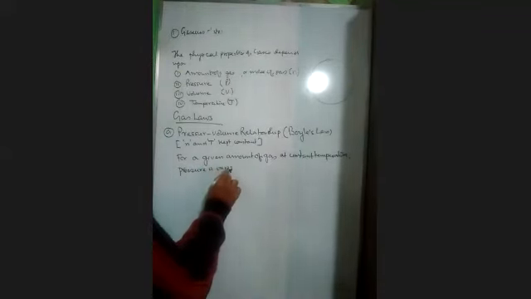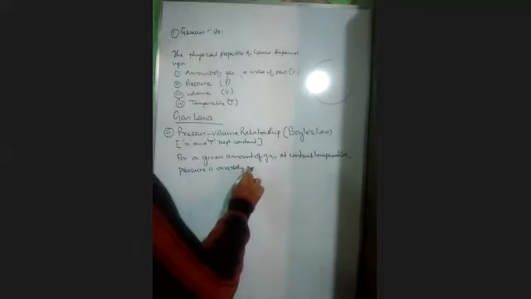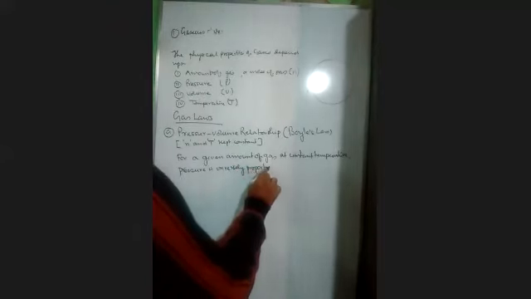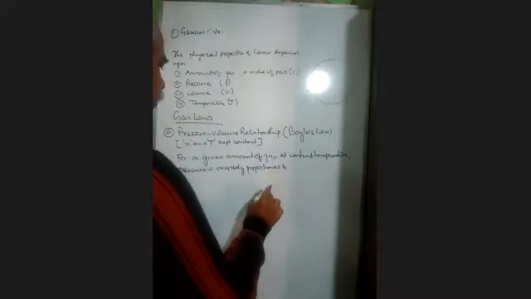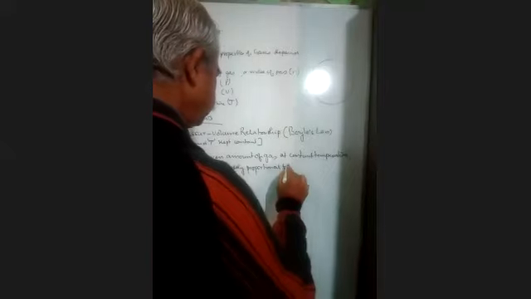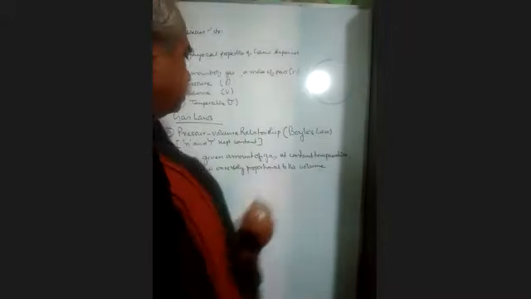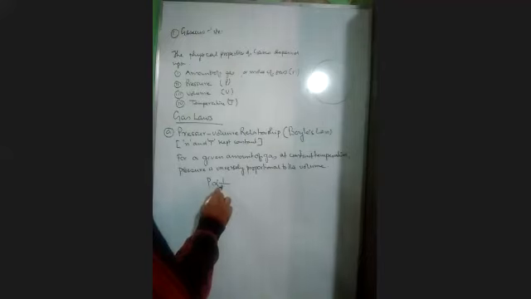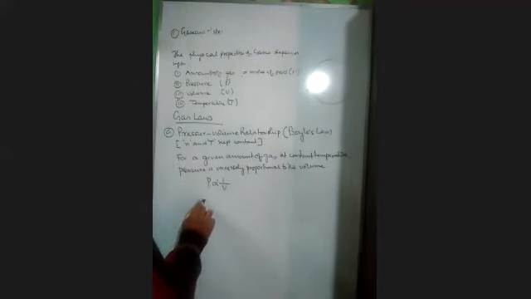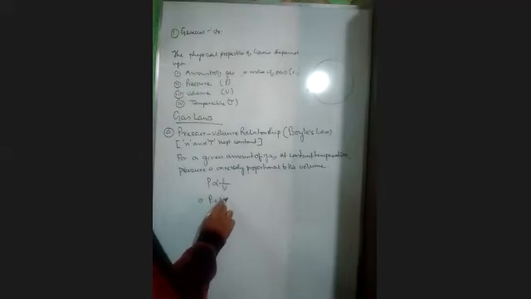Pressure is inversely proportional to the volume. So P is inversely proportional to volume, or I can write P is equal to K into 1 by V.